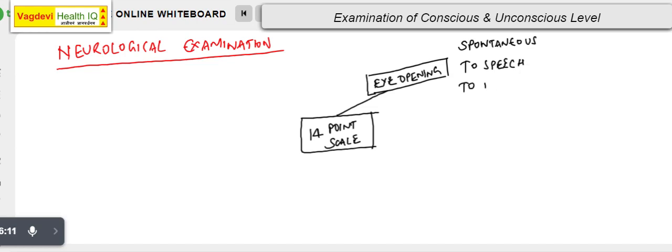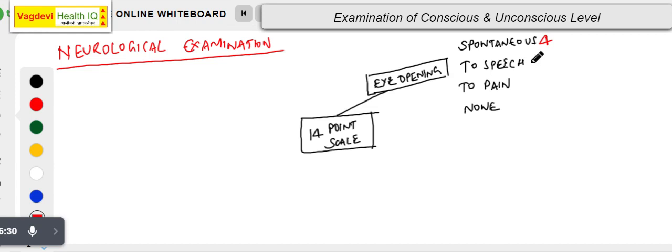Remember the sequence: speech, pen, and obviously after that it was none. They have given certain numbers to that, so we will also use our numbers here. Spontaneous has been given 4, to speech has been given 3, to pen has been given 2, and none has been given 1.